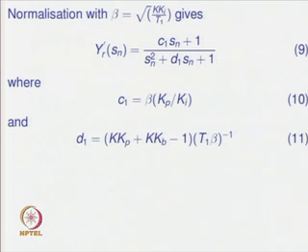Okay? So, this is how we have obtained a standard transfer function YR dash Sn with the help of normalization with beta equal to square root of Ki upon T1.